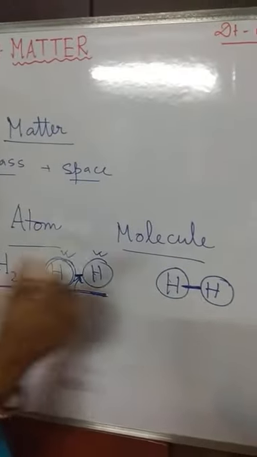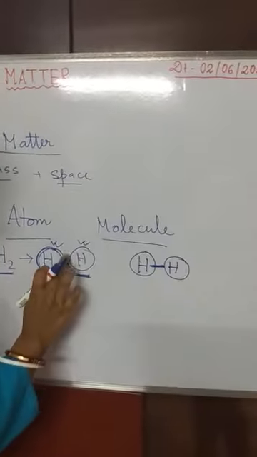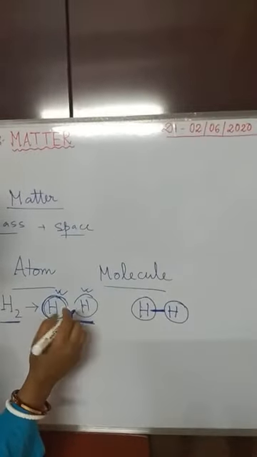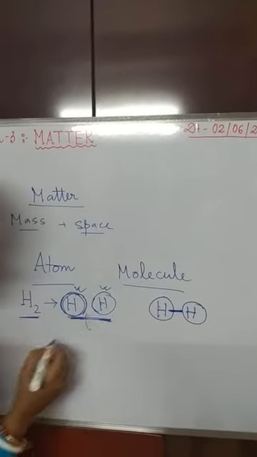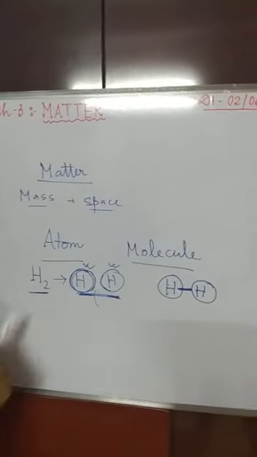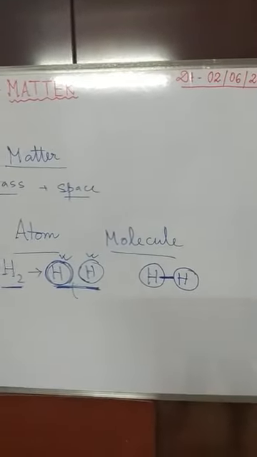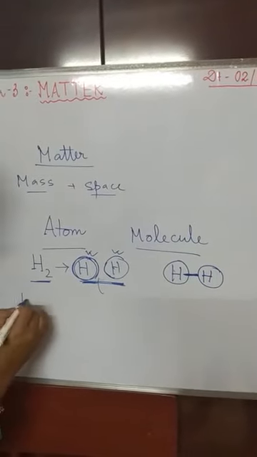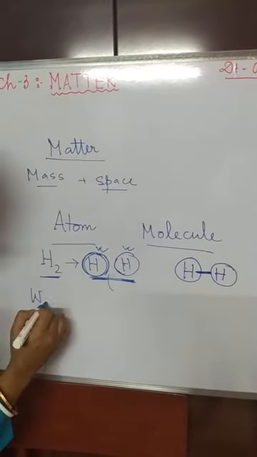Now this is the molecule, and if we draw these atoms without the chemical bond, then these are hydrogen atoms. So this is the difference between atom and molecule. Let us take some other example. Suppose water.